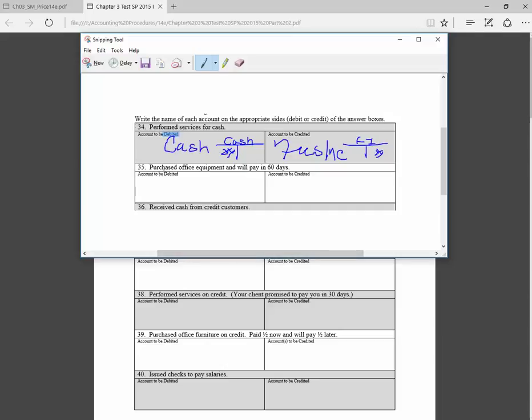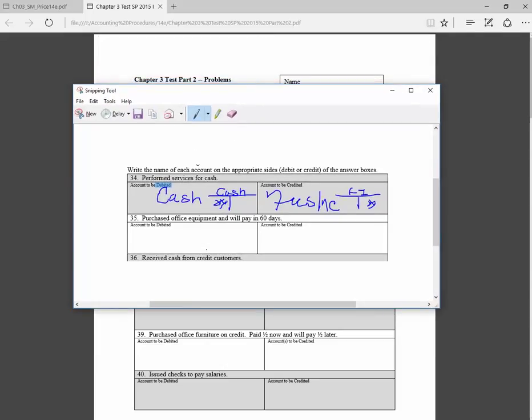Okay, the next one says we purchased office equipment and we'll pay it in 60 days. Okay, so if we purchased office equipment, we got an asset. So that would be our debit. So the account named office equipment would be our debit. And the account to be credited, we're paying it off in 60 days.